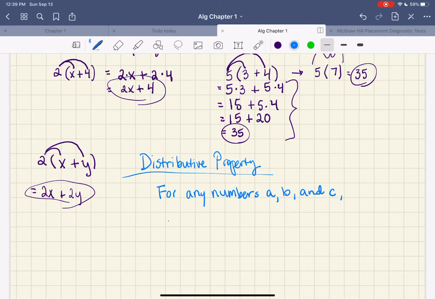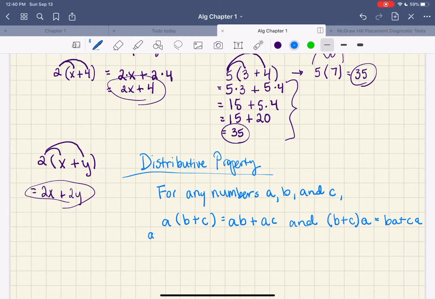We say that A times (B plus C) must be equal to A times B plus A times C. And we say that (B plus C) times A, just switched around, is going to be equal to B times A plus C times A.